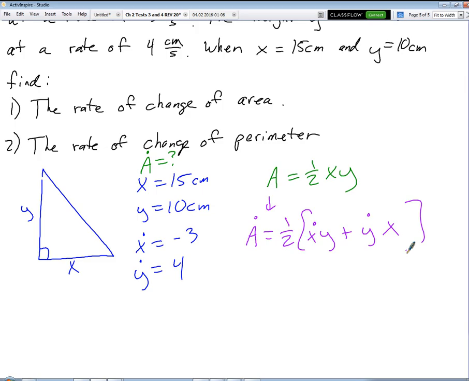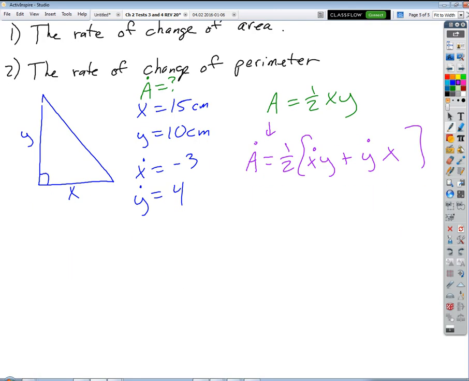We normally would have said x y dot plus y x dot, same thing, right? Okay. The next step would be to isolate the variable that we want to solve for, which it already is, right? A dot's already isolated, and so we just plug in those numbers and see what we get.